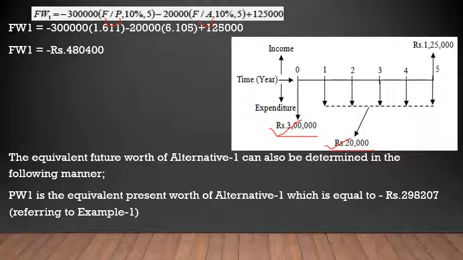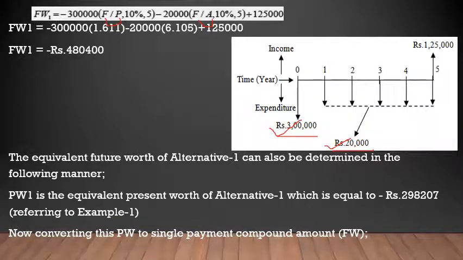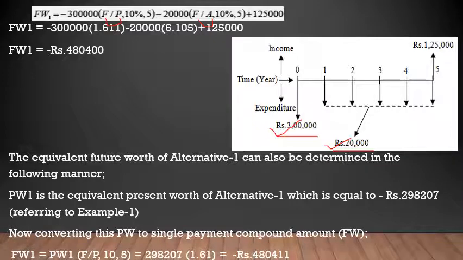I convert the last amount, that is the final present worth, to its future worth using the factor F by P. See here, I have done PW1 multiplied by F by P comma 10 comma 5. What is PW1, present worth 1? How much was that? 298,207. That's what I have indicated here.